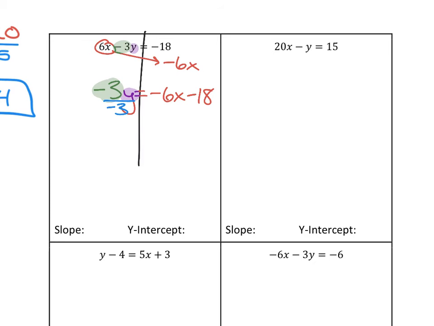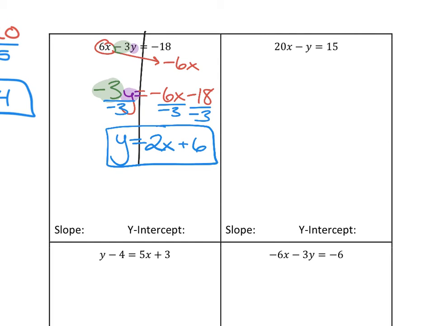We're going to divide by that negative 3, divide by negative 3, divide by negative 3, so that y is by itself. Negative 6 divided by negative 3 is 2. Negative 18 divided by negative 3 is a positive 6. There's my solve for y, but if I wanted to find the slope and the y-intercept, remember that your slope is the coefficient of the x.